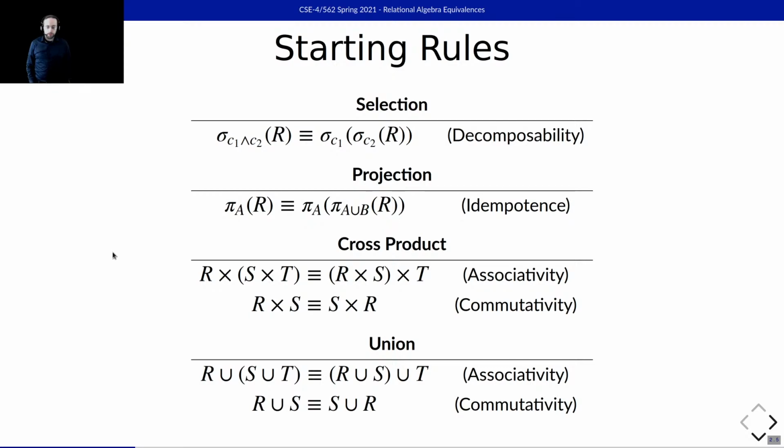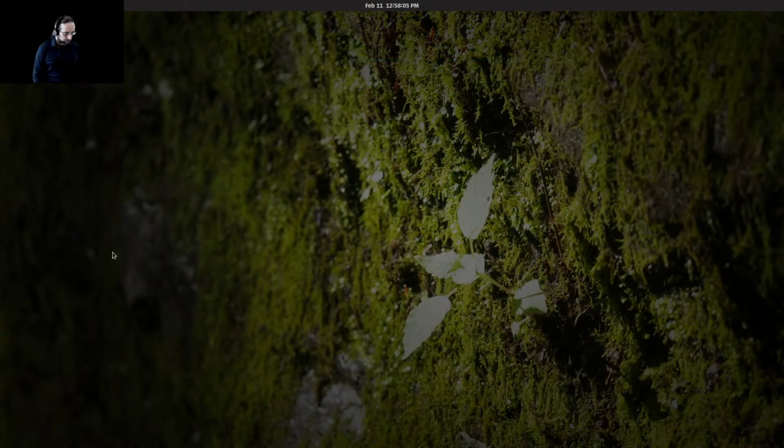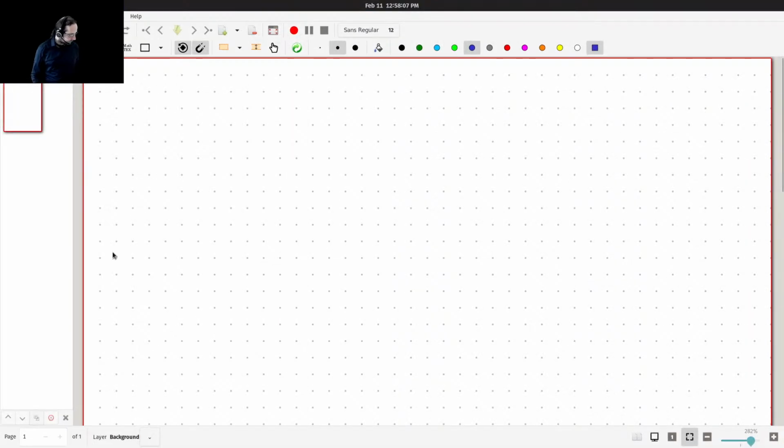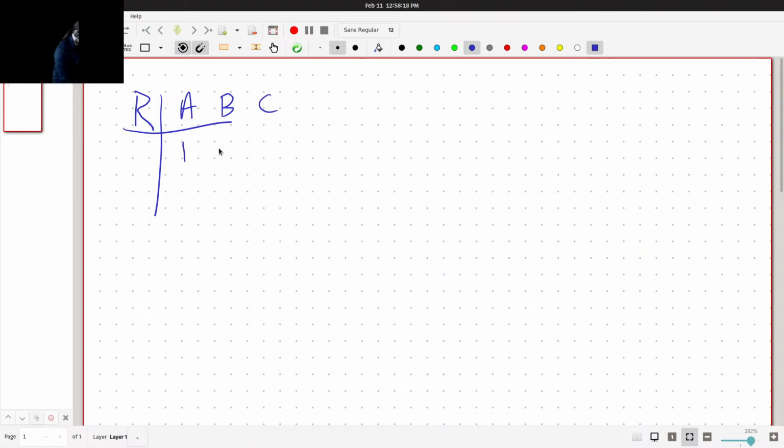Okay. Well, can I explain projection again? The projection rule. Okay, so look at it this way. Let's say we have a table. I'm going to call it R, and that table has three attributes: A, B, and C. And since we're using bags, the specific values here don't matter.